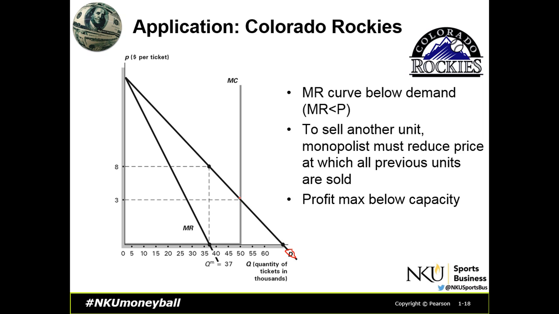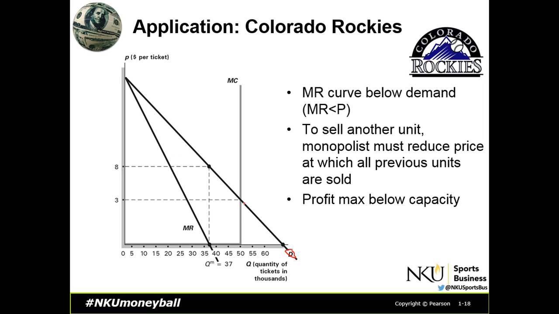However, in this assumption where all tickets are priced the same and all tickets have the same utility, when I lower my ticket price from $8 to $3, I can't just do it for that extra 13,000, because all of these 37,000 people that have bought at $8 are going to be pretty upset that I just sold 13,000 tickets to people that only paid $3, right?